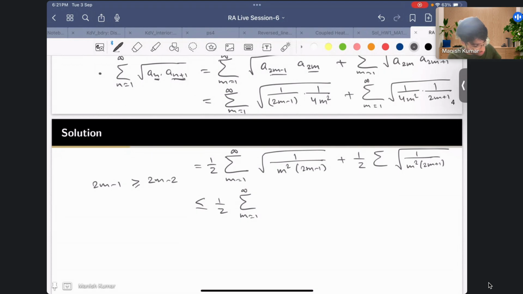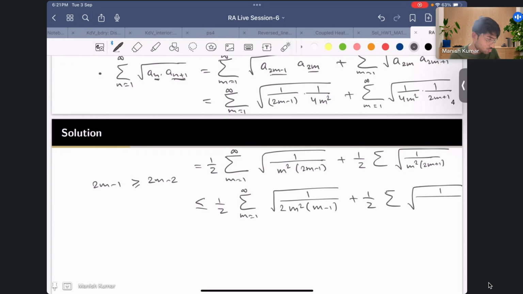So I can write this one as 1 by m square, 2 I will take common, and then I will have m minus 1. And over here similarly I will have summation root over 1 by, so 2m plus 1 is greater than or equal to 2m, so I will have 2m cube.